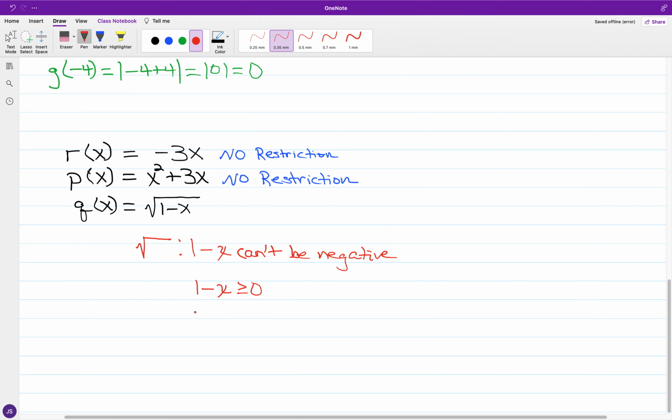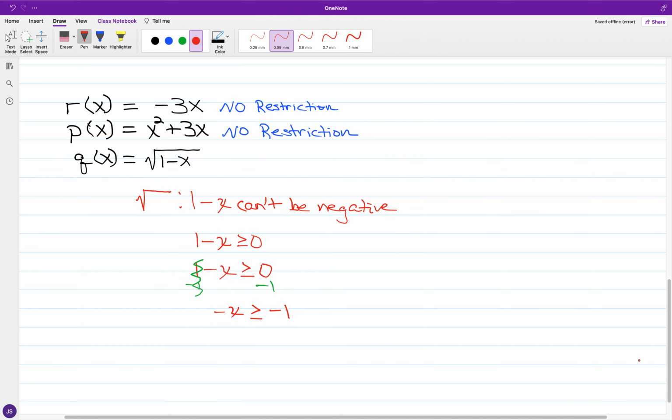And looking at what we have for the restrictions for x, if I rewrite this inequality in terms of just x, we take 1 away from both sides, and so we have that negative x is greater than or equal to negative 1.